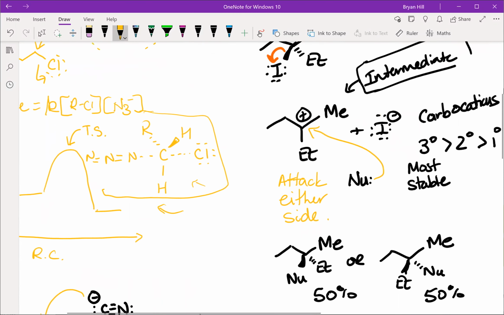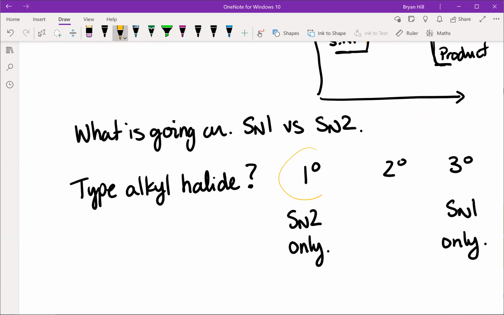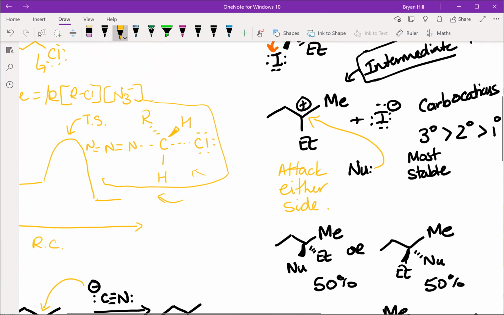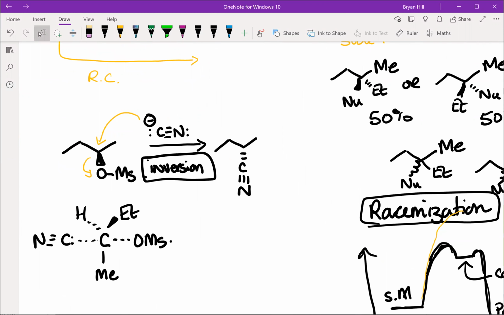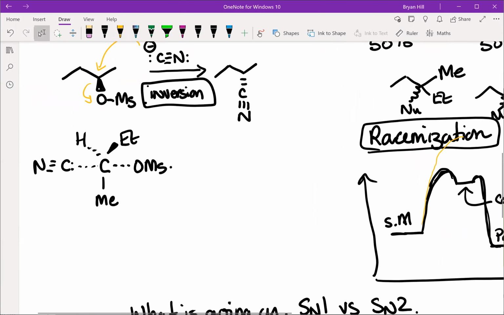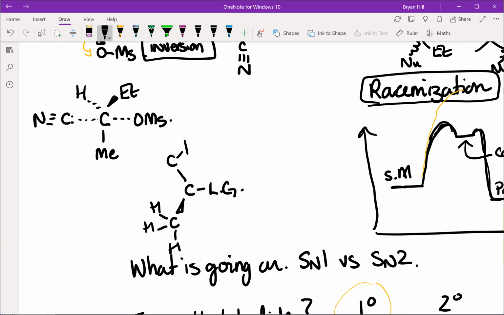And the reason why SN2 reactions are only on primary, and you can't have SN2 on a tertiary, comes back to the attack of the nucleophile. If you've got large groups, say a methyl, I'm drawing on all the protons for a reason.